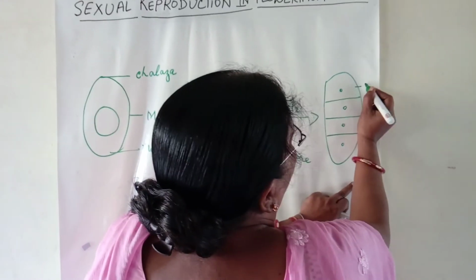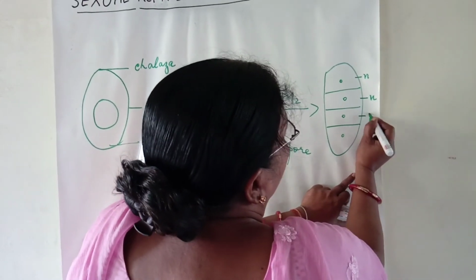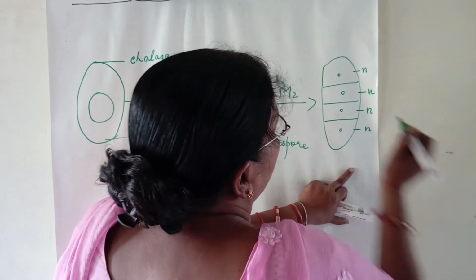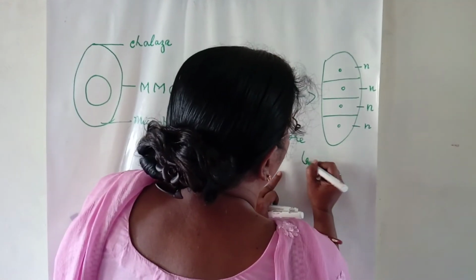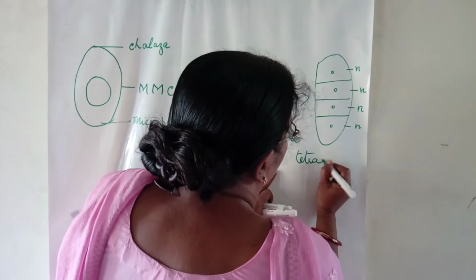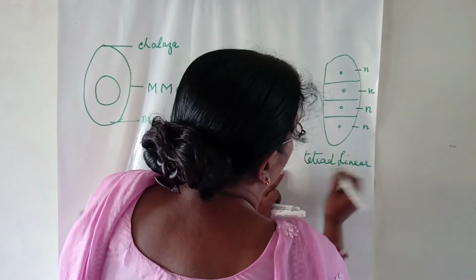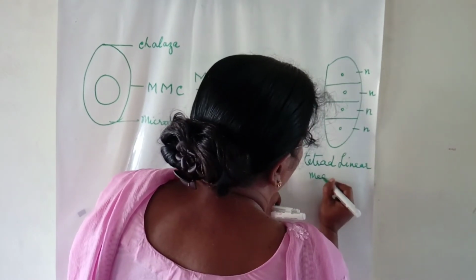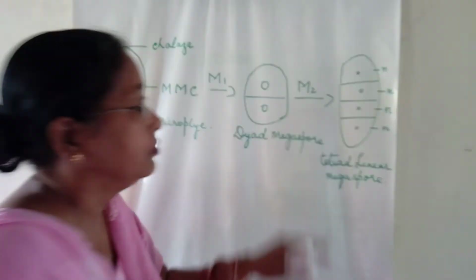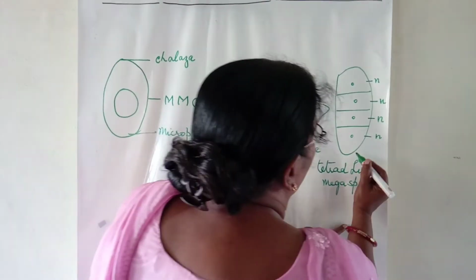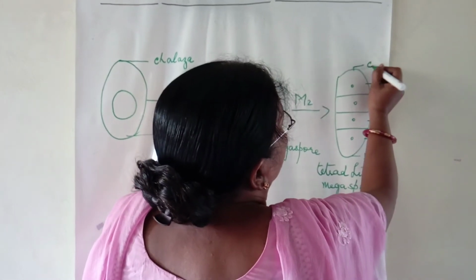Now all these tetrad megaspores, that is, four megaspores, are formed. These are haploid in nature. They are linear in structure, so a linear tetrad of megaspores is formed. Now this is the micropylar end and this is the chalazal end.